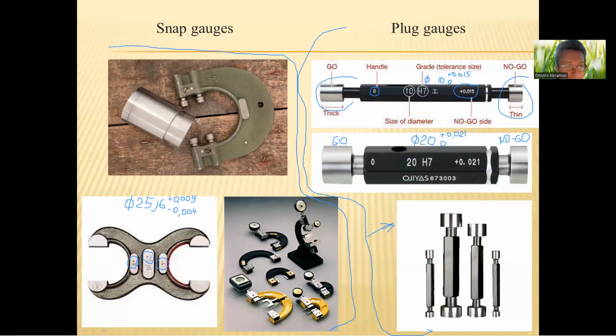And you can see the different types of snap gauges with go side first and no go side. It's no go, it's go.